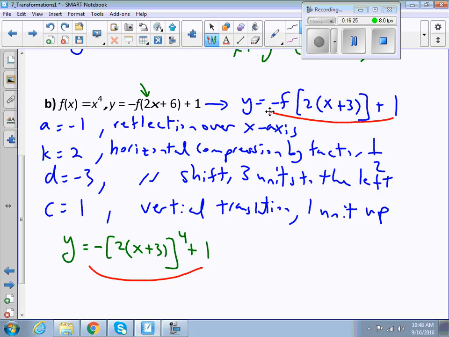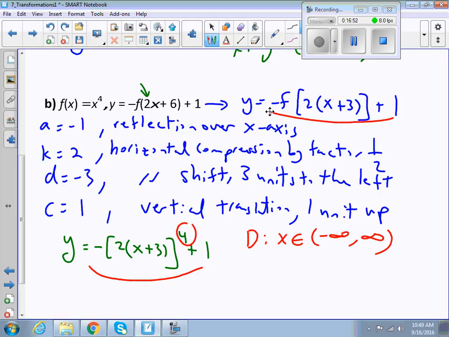Now for domain and range, well, this is a polynomial function, so we know that my domain is all real numbers, so x is an element from negative infinity to infinity. Although for range, because this is a quartic function, the range is not all real numbers. But what you can see is that I really have a vertex. This really looks like a quadratic, the only difference is that this is a 4 instead of a 2.